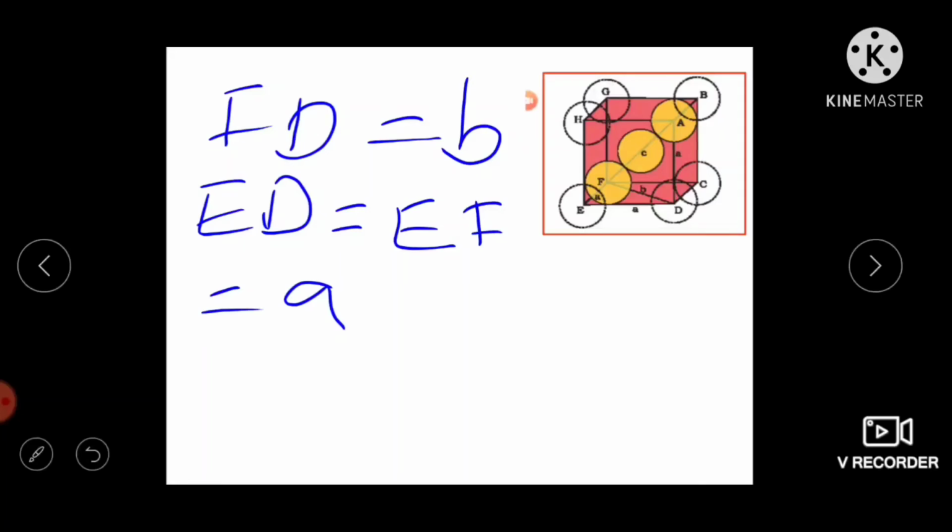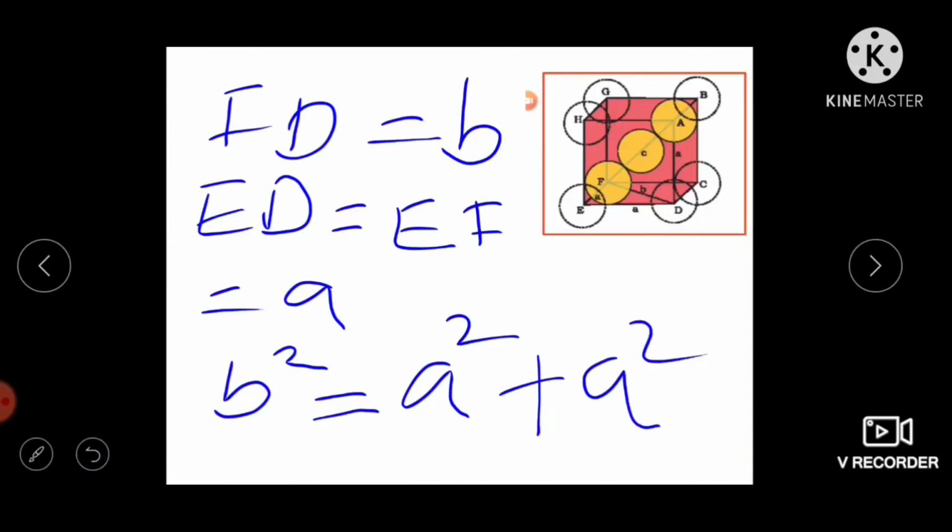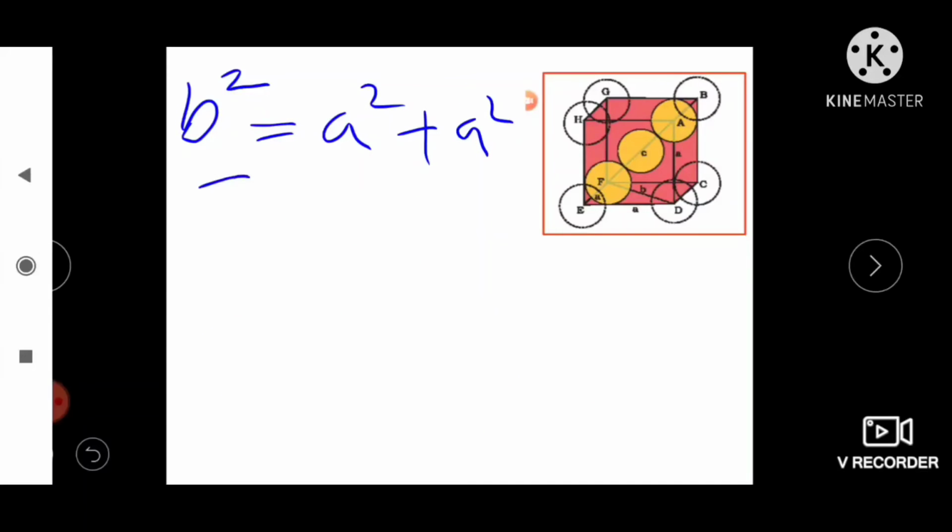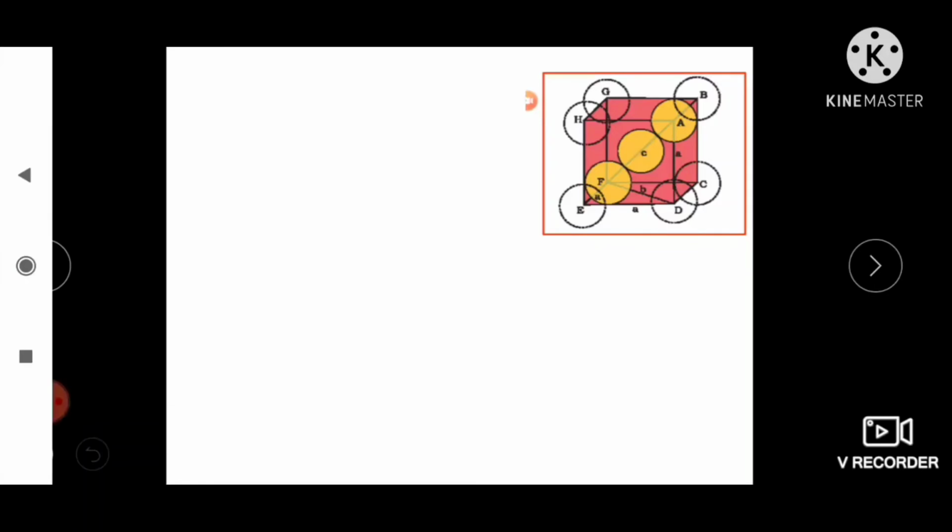Then according to Pythagoras theorem, b square equals a square plus a square, that is equal to 2a square. And in triangle AFD, let AF be assumed as c, small letter c.